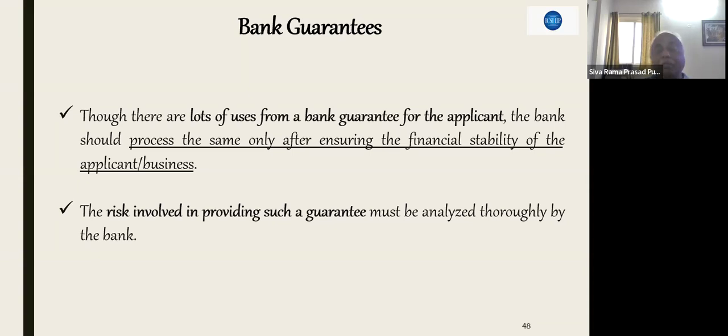Whether he will fulfill it, even for performance guarantees banks are not giving guarantees. In that sense, how long this person has been there, how many performances he has not honored, the background verification.